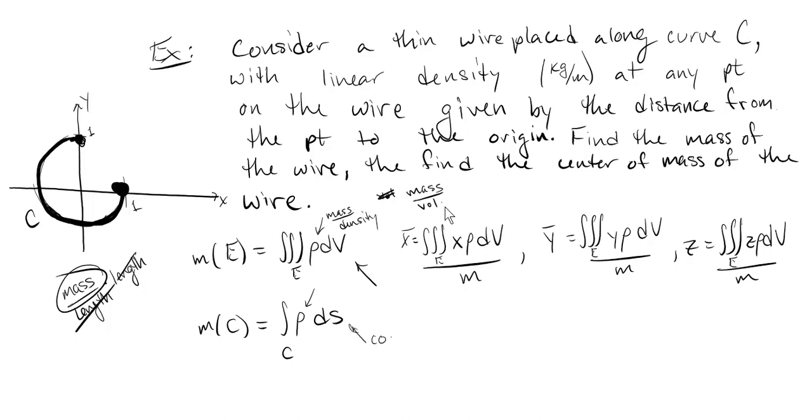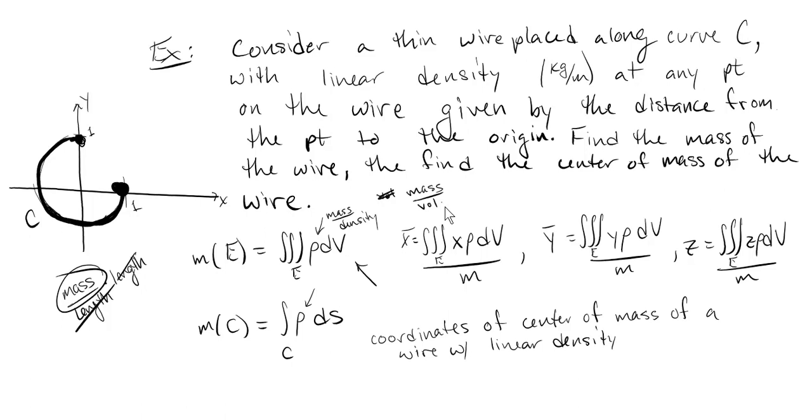The coordinates of the center of mass of a wire with linear density rho. This is not the rho that we talked about in spherical coordinates. It's not the spherical radius. It's just an unfortunate coincidence our book uses this symbol rho for both density and that radial distance in spherical.